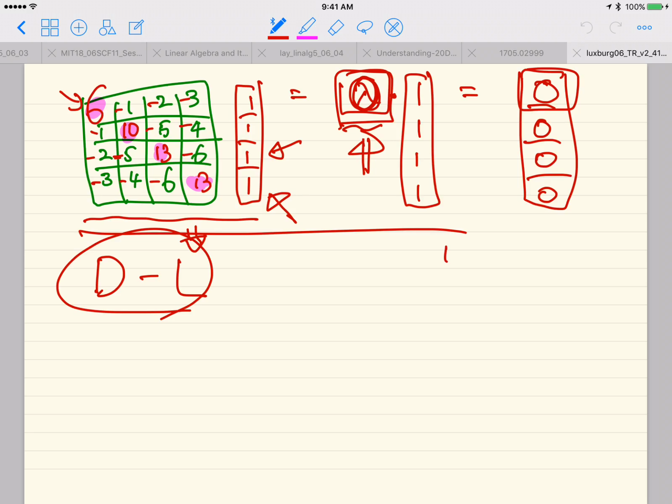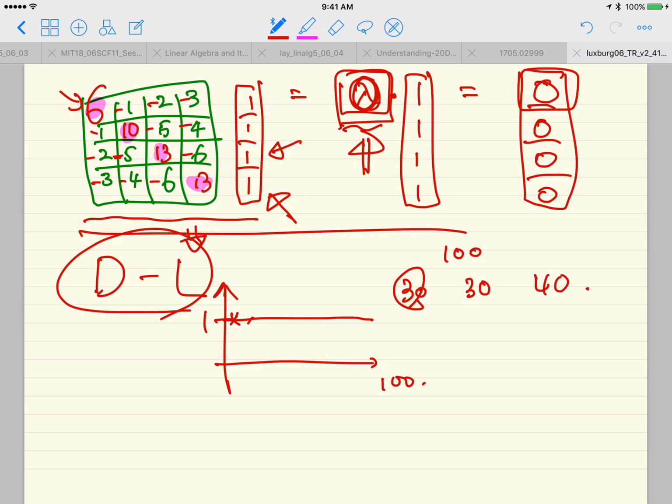Suppose you have 100 different nodes and 3 groups, composed of 30 nodes, 30 nodes and 40 nodes, and you draw one of your eigenvectors. The eigenvector dimension will be 100, and the y value is the value of each element in your eigenvector. In this case, it can possibly be like this, all the same values.